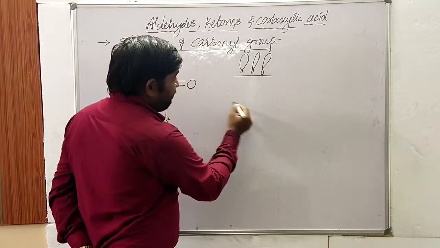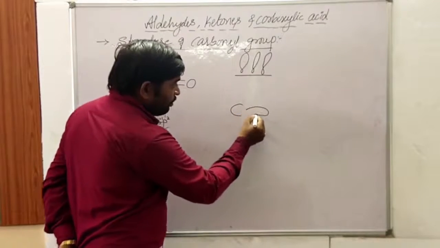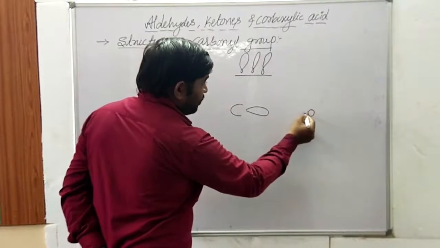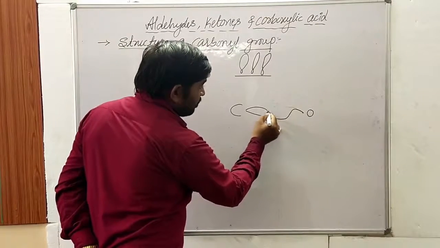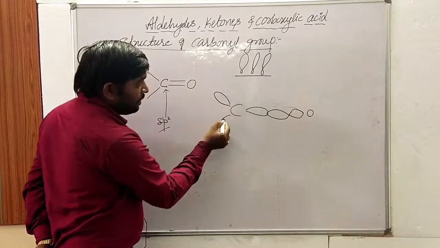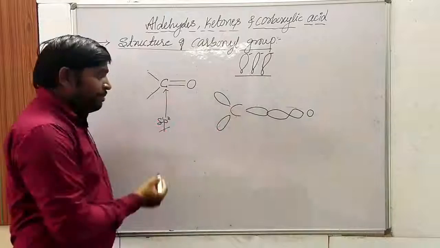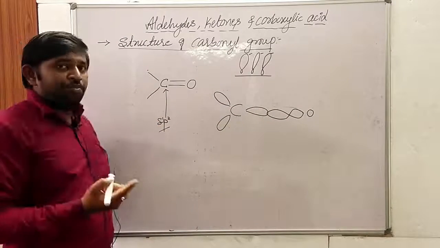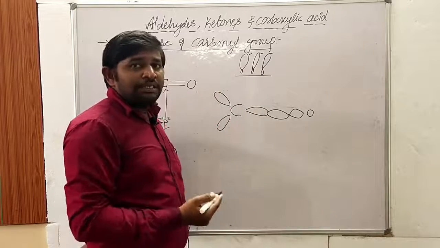When we consider the carbon atom, it has hybrid orbitals, and the oxygen atom has a p orbital. The carbon atom has three hybridized orbitals: by mixing one s orbital and two p orbitals, we get three hybridized orbitals having equal energy and shape.